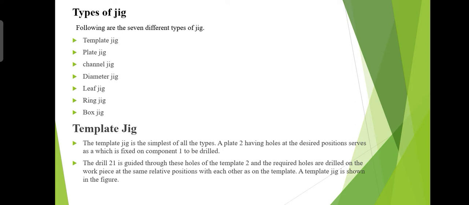Mostly a jig is not fixed to the machine table, and it is lighter in construction as compared to a fixture. Jigs are used in drilling, reaming, tapping and counterboring operations. Jigs and fixtures are devices used to facilitate production work, and a jig is most commonly used as a work holding device for drilling operations.